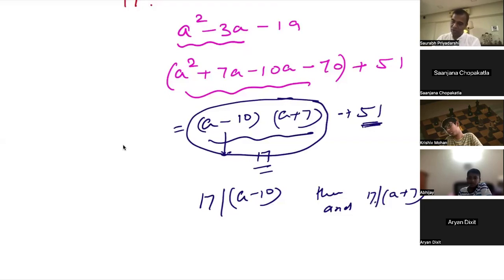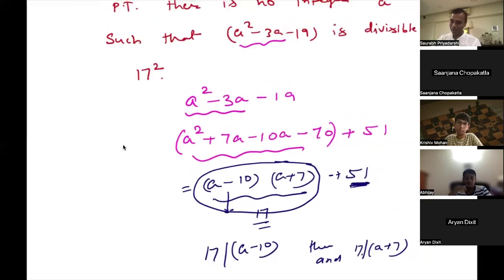But the remainder 51 is not divisible by 289. So this number is not divisible by 289. Can you believe this? You are all doing RMO questions. I'm not even talking about pre-RMO. These questions are very simple, but we have to know the language exactly, how this will work.